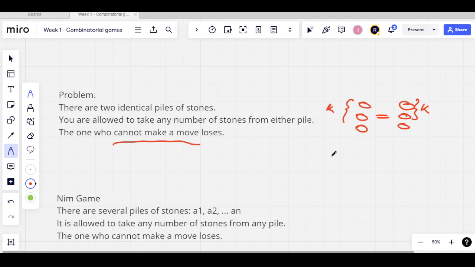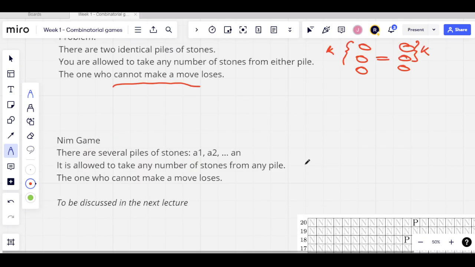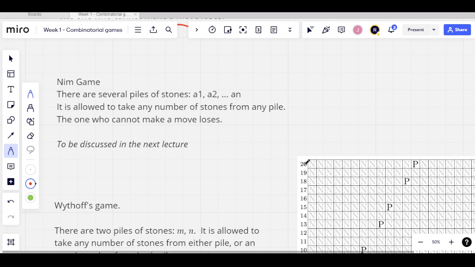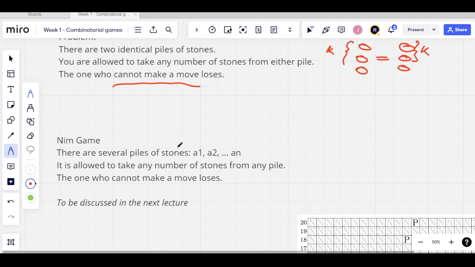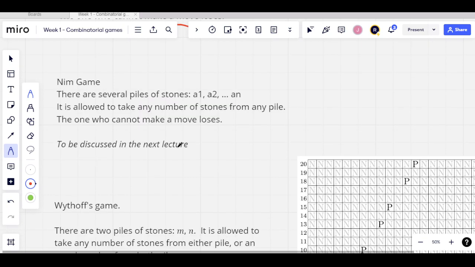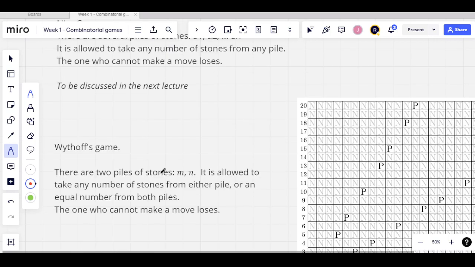It's a generalization of the previous problem, and we can make moves like in this problem, and that's it. We will consider a little bit later how to solve this task. It will be a theorem in the next lecture.